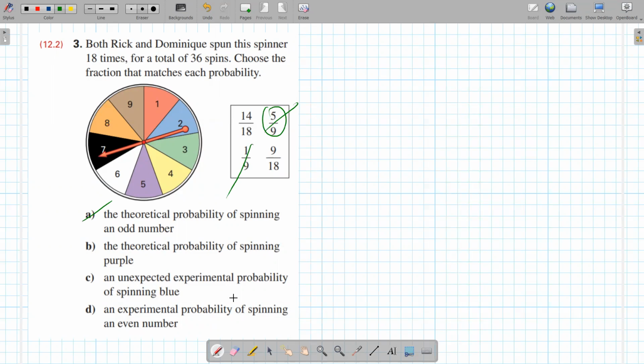An unexpected experimental probability of spinning blue. I guess they would both be right in this case. Let's do D first, and the answer for C would be obvious.